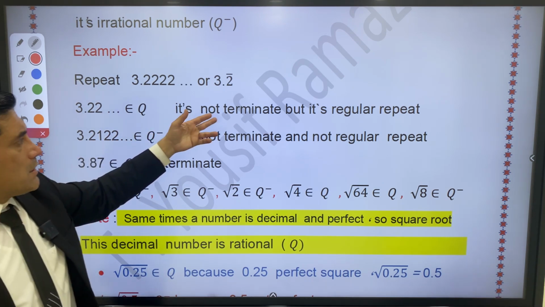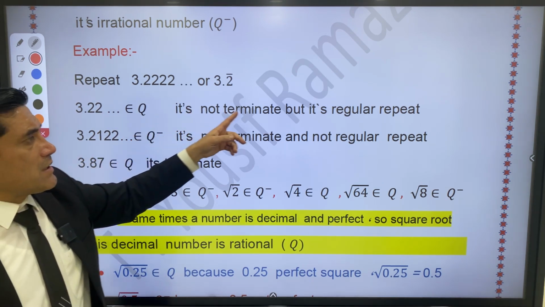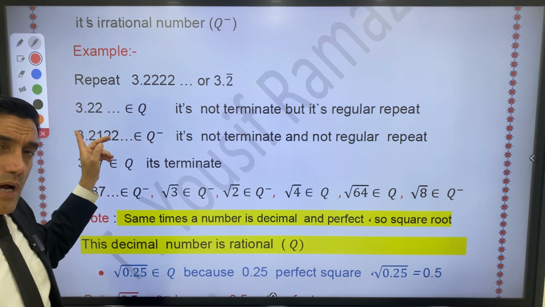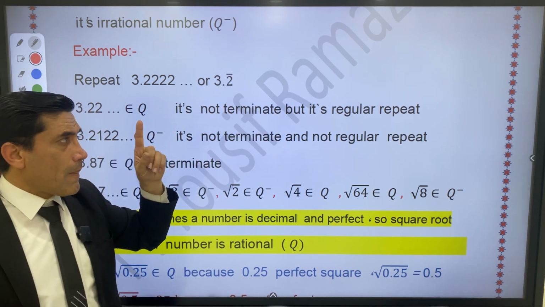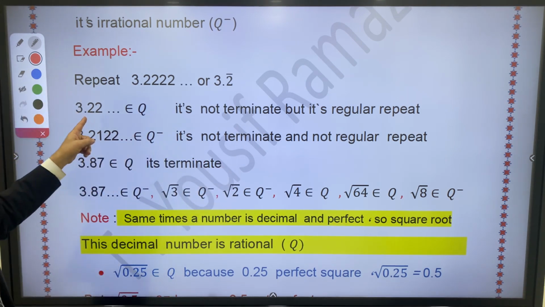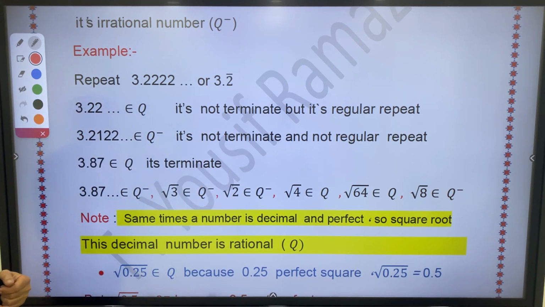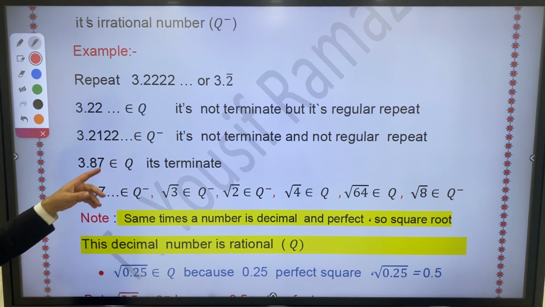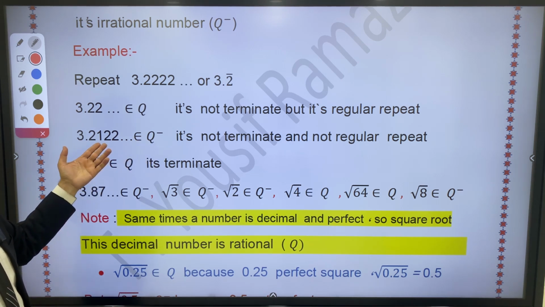Why? Does it terminate? No, it does not terminate, but it is a regular repeat 22. About the second number, 3.2122 and then 3 points, it does not terminate, so it belongs to the irrational numbers. Why not rational?